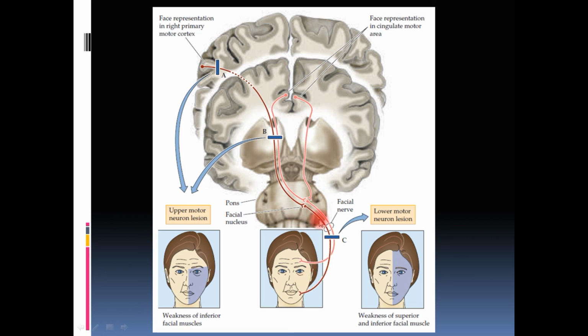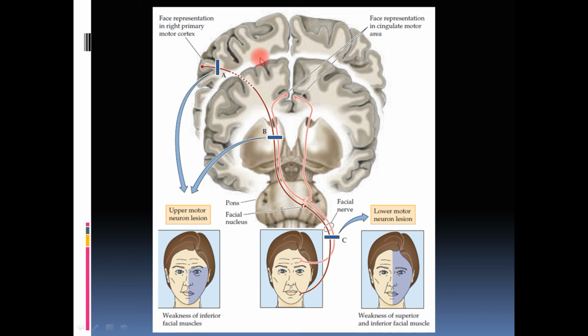As you can analyze the different portions of your motor system in this diagram, the assignment for you guys is why there are different manifestations in different lesions.